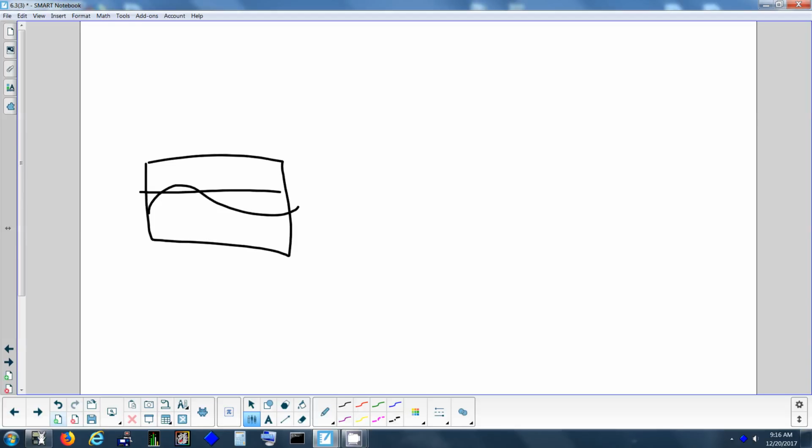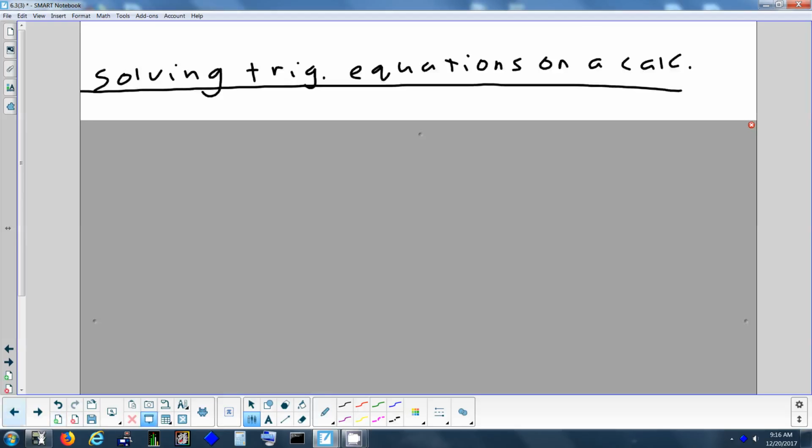So when we write the answers to solving a trig equation, we have to keep in mind, do they want us to write all the answers, which we can do, or do they just want us to write answers that are between certain numbers? Like, here's a low value, here's a high value, find the answers between the two.